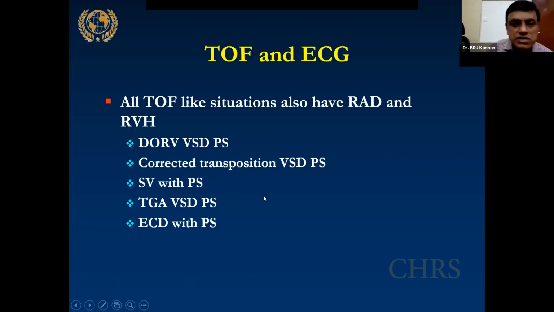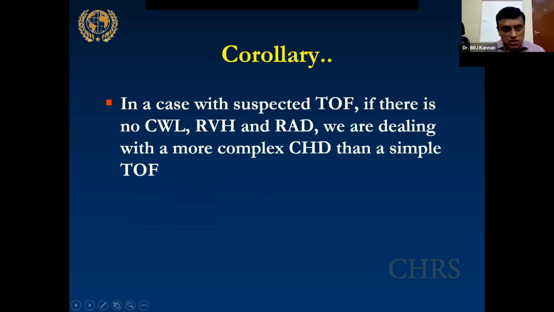All will have right axis deviation and right ventricular hypertrophy, except ECD with PS. So as a corollary, in a case with suspected tetralogy of Fallot, if there is no clockwise loop, no RVH or no right axis deviation, that means we are dealing with a more complex congenital heart disease than a simple tetralogy of Fallot. Let us go further.